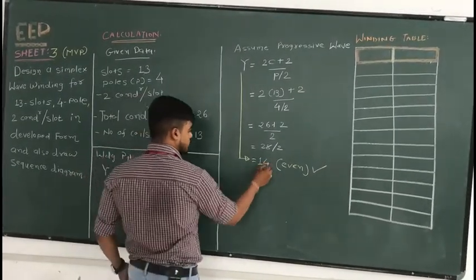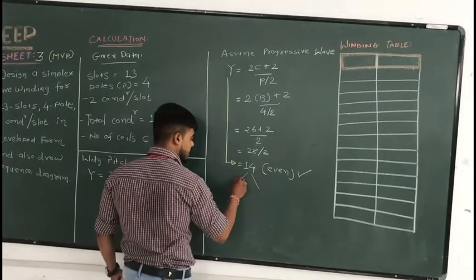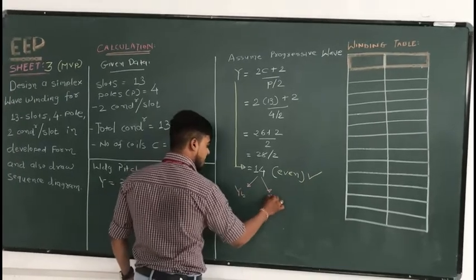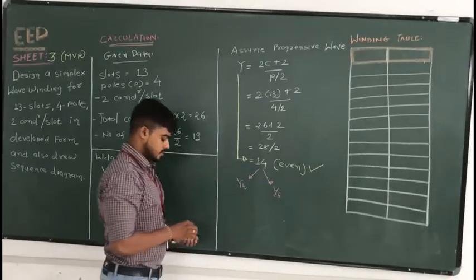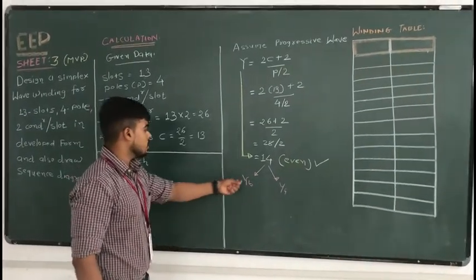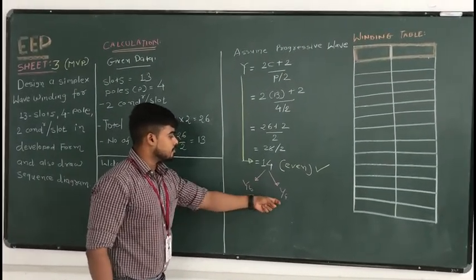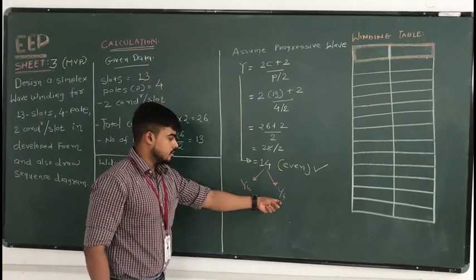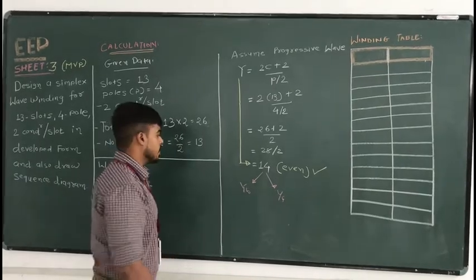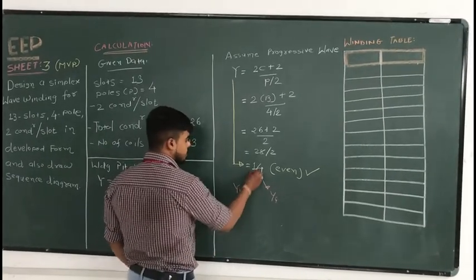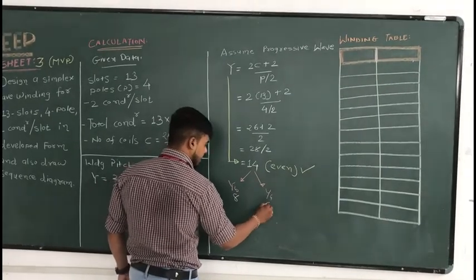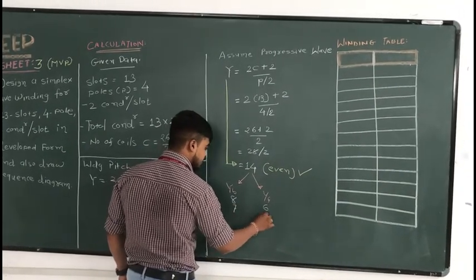Now I have to find YF and YB from this value of Y. We know the condition for YB and YF: they must be odd, and equal or differ by 2. So two possibilities are there: 8 and 6, and 7, 7.